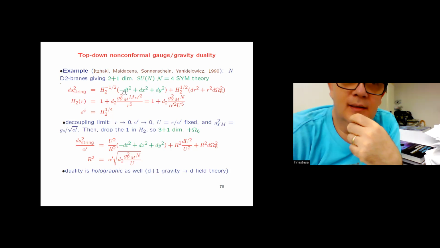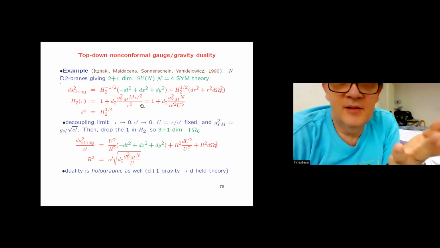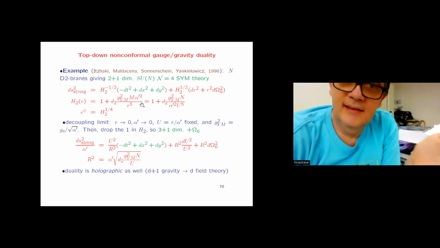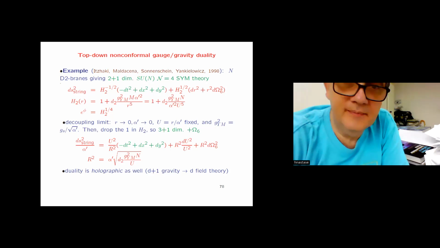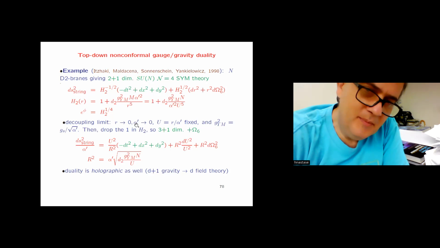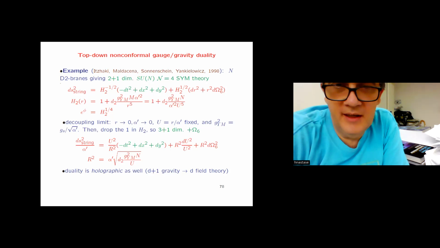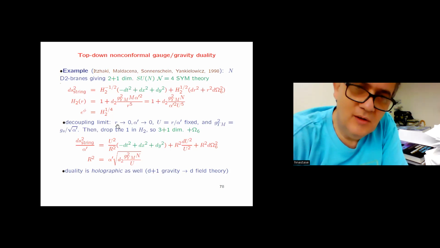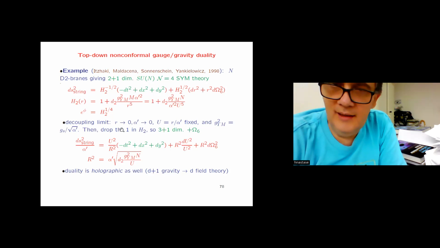And the metric now is not AdS because this is not conformal. As I said, AdS corresponds to a conformal field theory boundary, but here on the boundary we have a three-dimensional flat space. The decoupling limit, as before, corresponds to taking a low energy limit, meaning alpha prime to 0, and also taking a near horizon limit, which means r going to 0, while keeping the ratio r over alpha prime fixed.